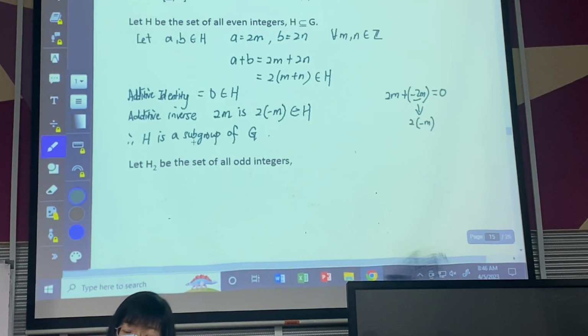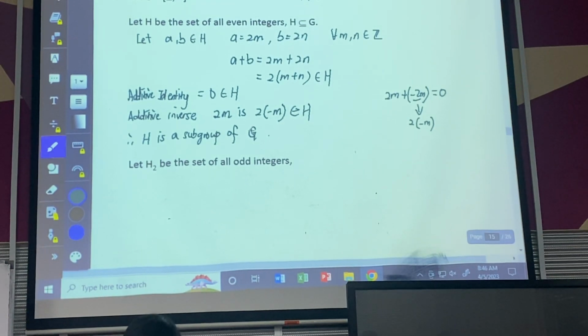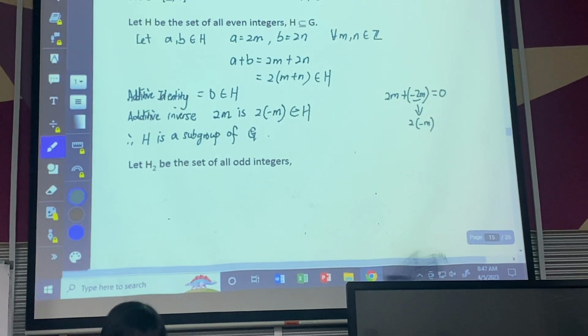Do you think the set of odd integers is also a subgroup? No. No? Which condition cannot be fulfilled? Identity. What is the identity for odd integers?